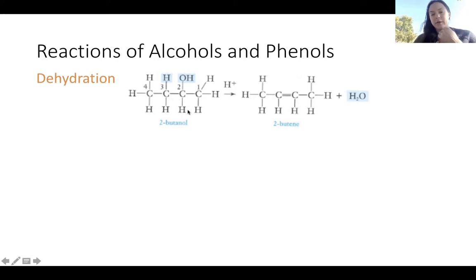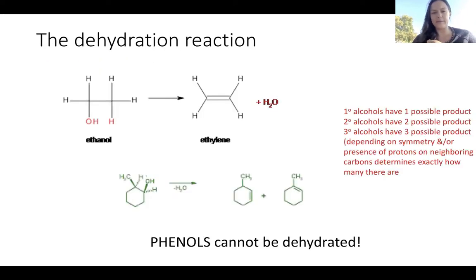Well, we can go the other way. In this case, it's called a dehydration because we're removing water. We remove the OH group and a hydrogen from a neighboring carbon, and they'll form a double bond. That is one you should be familiar with. Dehydration of an alcohol gives you an alkene.